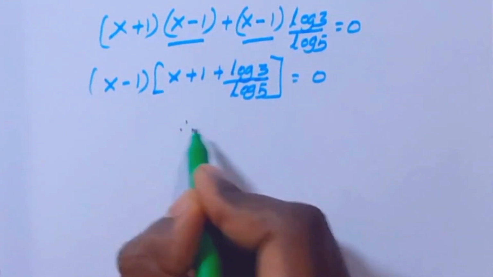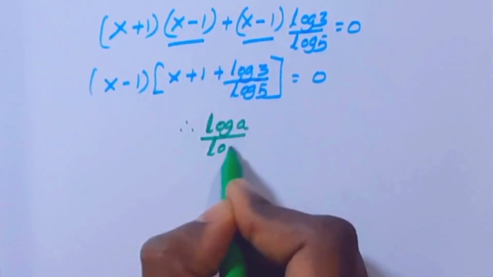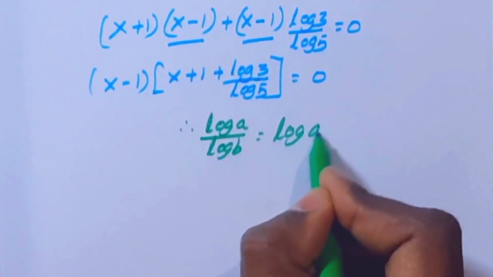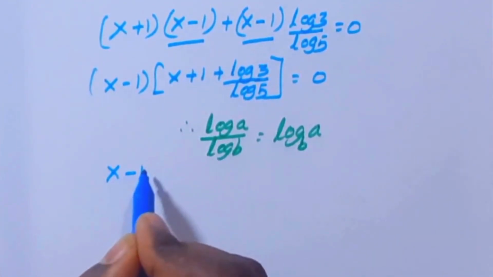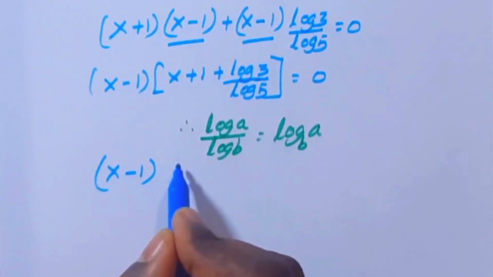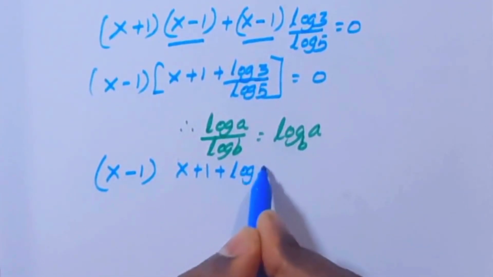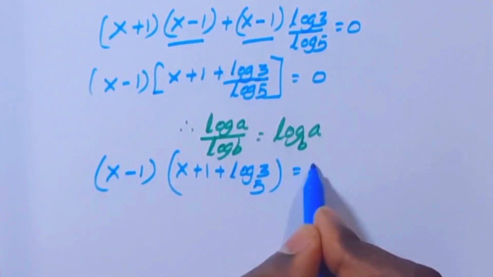We know that log a by log b equals log a base b. So x minus 1 times x plus 1 plus log 3 base 5 equals 0.